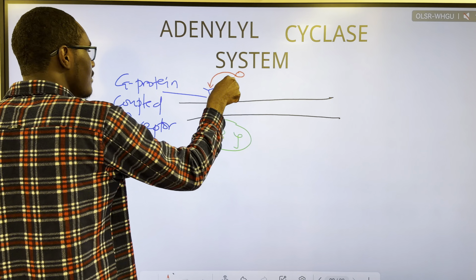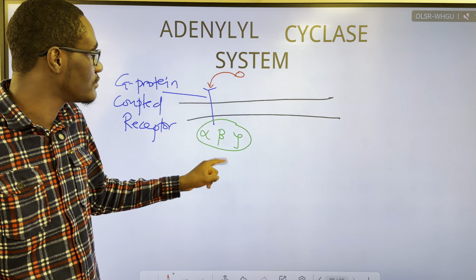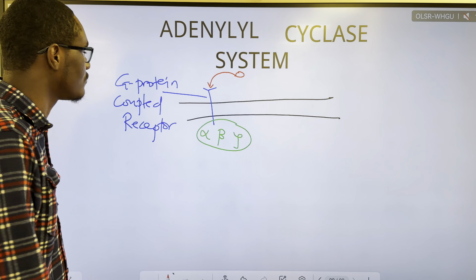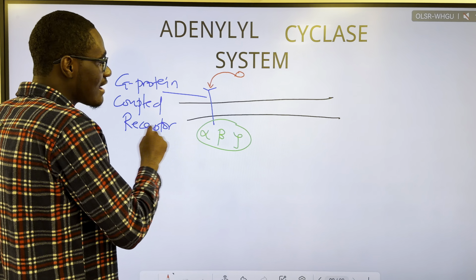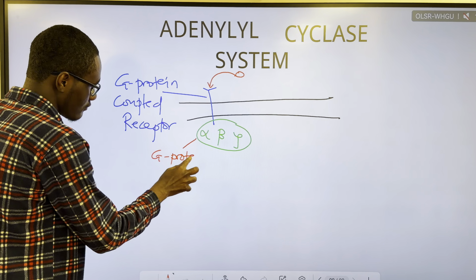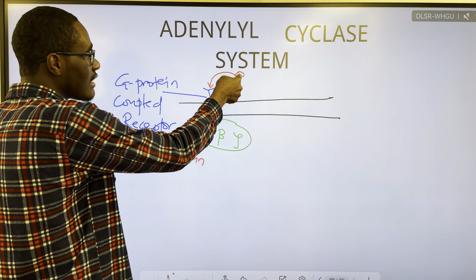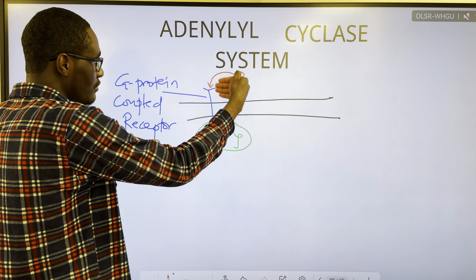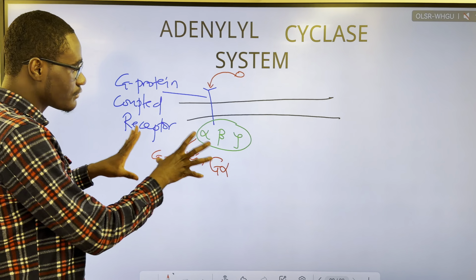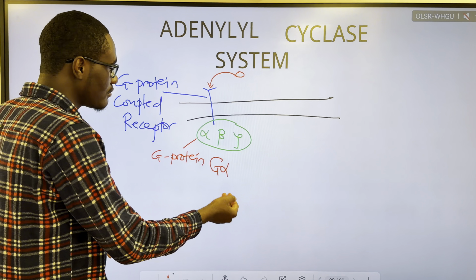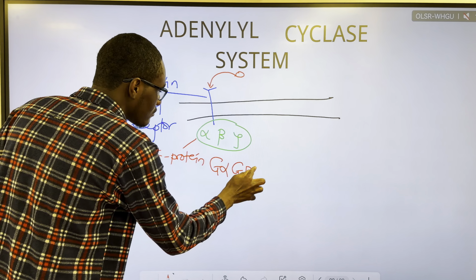The binding of the signal to the G-protein coupled receptor is going to lead to the phosphorylation of the alpha subunit of the G-protein. So we're having G-protein here. The binding of this signal, it can be a drug or a natural neurotransmitter, is going to bind to the receptor. The G-protein in its inactive form is in the form of GDP.